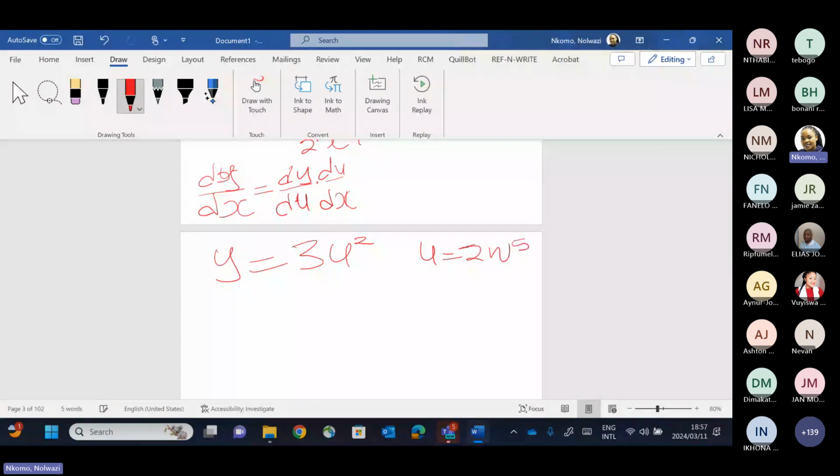But again, you are given that w has another function, which is x. Let's say w is equal to 2x.